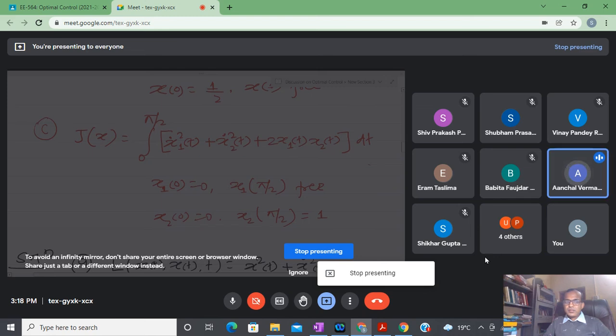Yes, sir. We need two equations. Yeah, two equations, one in the form of x1, another in the form of x2. And each Euler-Lagrange equation has an order, and what is the order of that? The order is basically 2, and due to that I have 2 plus 2, meaning 4 differential equations. So fourth order, or four first order differential equations, you can say.